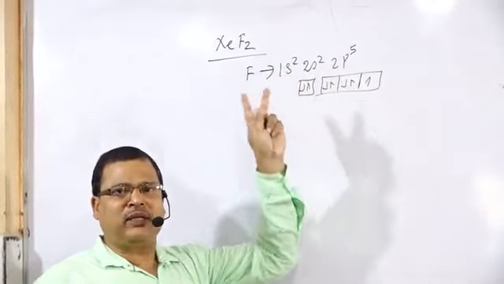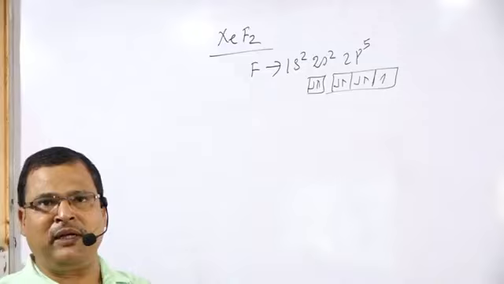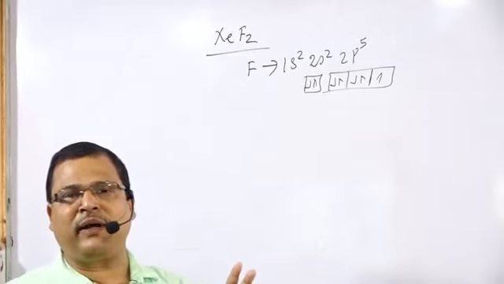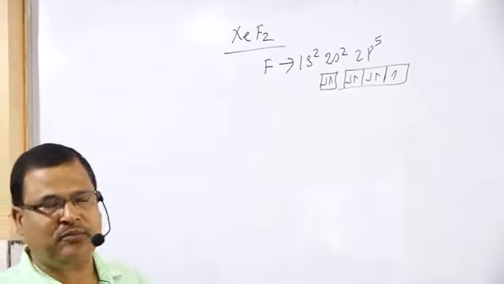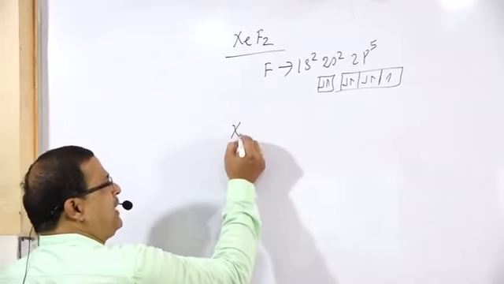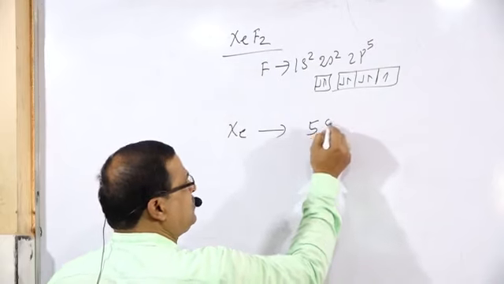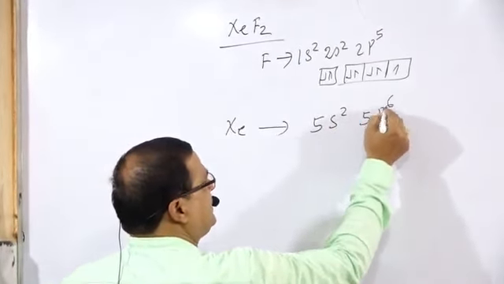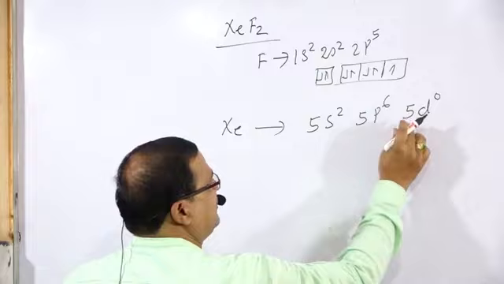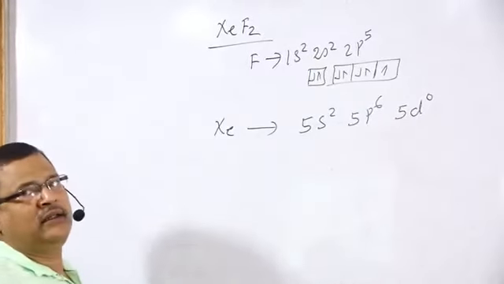So the xenon atom must have two unpaired electrons available for the formation of two bonds. If we write the electronic configuration for xenon, the outermost shell is 5s2, 5p6, 5d0. There is a vacant d orbital.